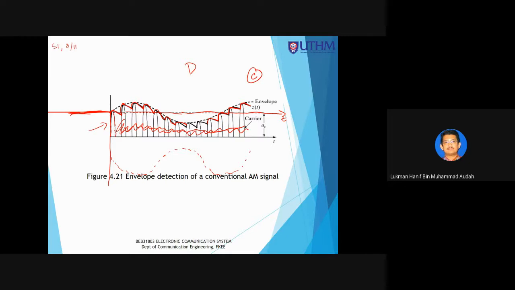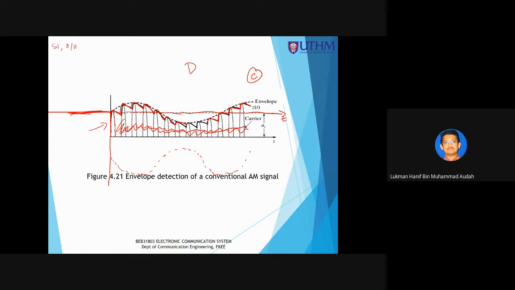Dia akan berada pada center paksi X. So now we see that the output pada point D, dia adalah berbentuk sine wave tetapi dengan bentuk sawtooth, bergigi, tidak smooth. Okay, so that is the output at point D.